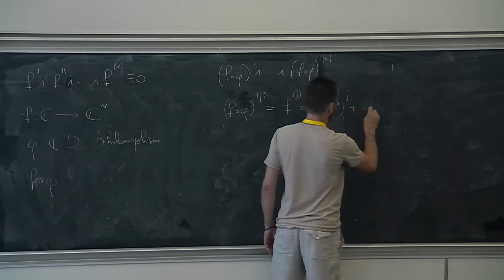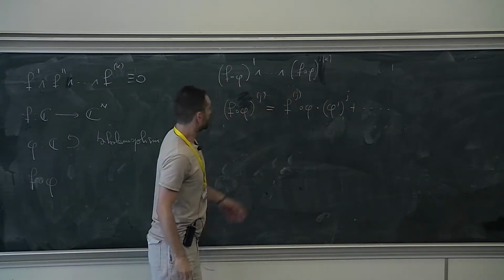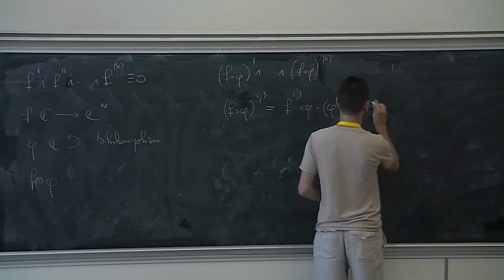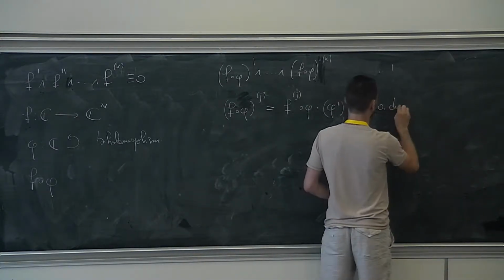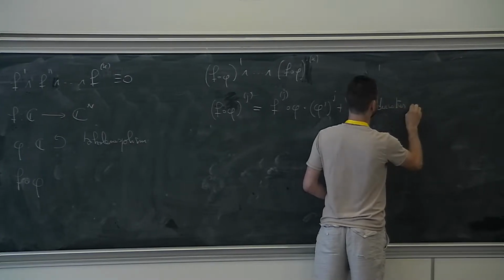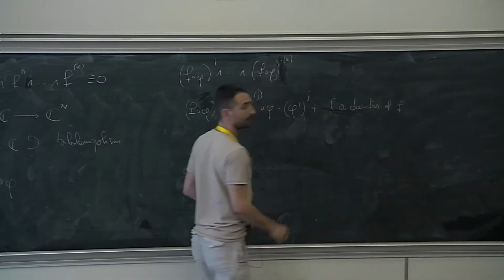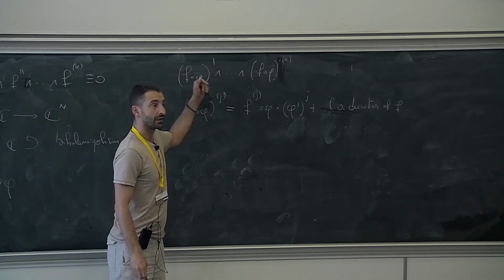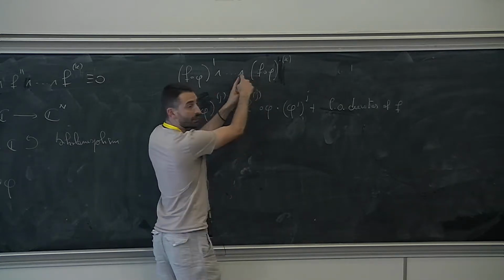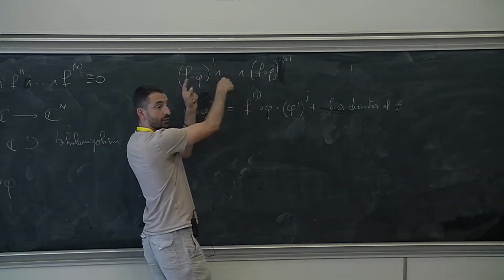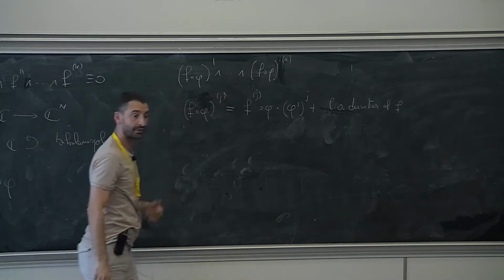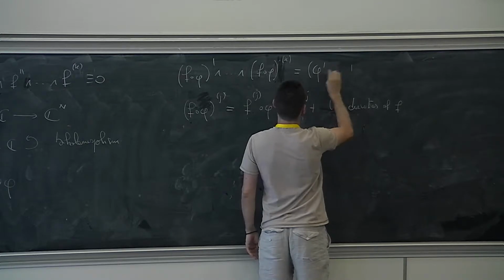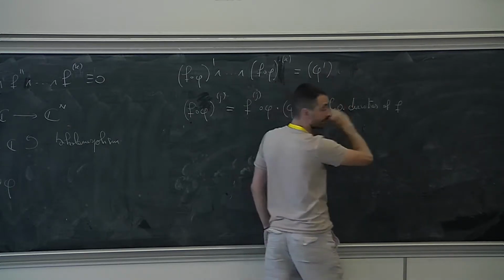And then you have other terms, which depend on derivatives of f of lower order. Okay? So when you plug this thing inside, everything which is of lower order annihilates with the other wedge product of the remaining terms. Okay, and so this becomes just f prime to something, which we're going to compute.